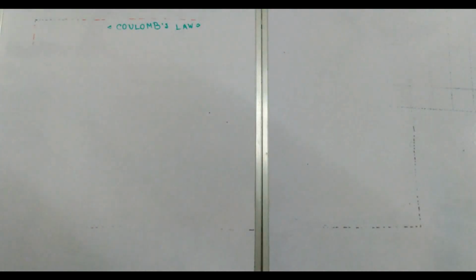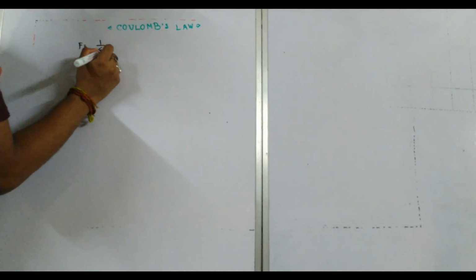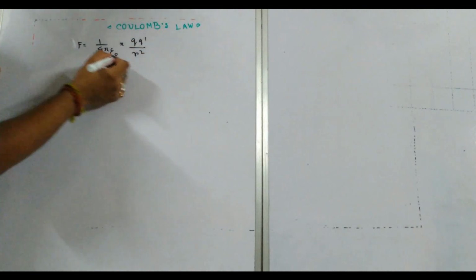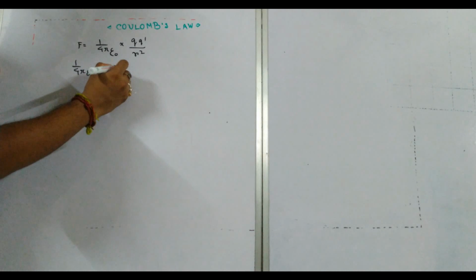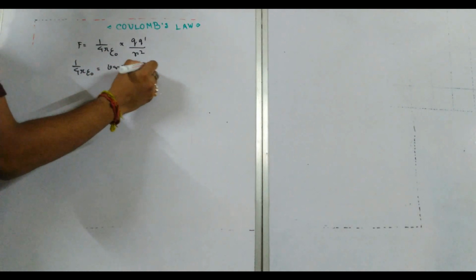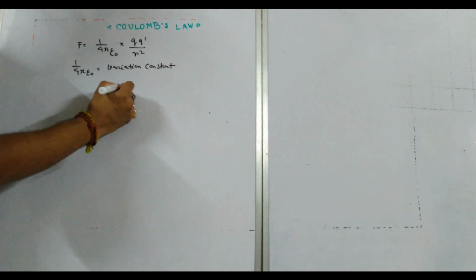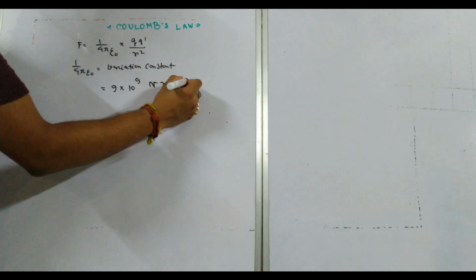So from Coulomb's law, we came to know that the total force of attraction or repulsion between two charged particles is given as F equal to 1 by 4 pi epsilon naught into Q, Q dash by r square. And I told you earlier, 1 by 4 pi epsilon naught is the variation constant, and it has a value of 9 into 10 to the power 9 Newton meter square per coulomb square.